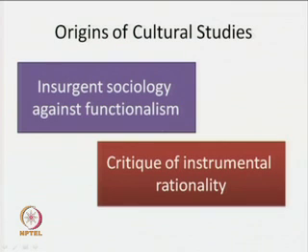Let us look at this slide, please. It is often called an insurgent sociology, that is, a domain that rebelled against a particular way of looking at society, which was called the functionalist way: to see the different parts and institutions of society, like family and education, simply in terms of the functions they perform.